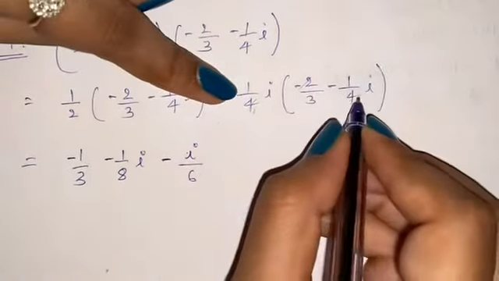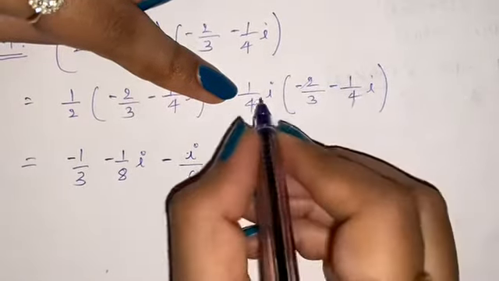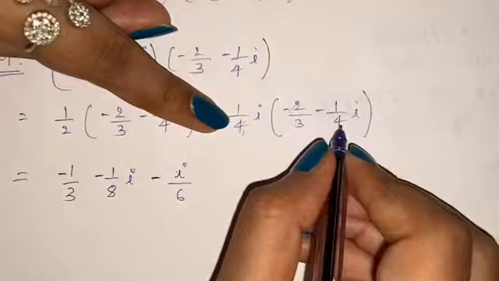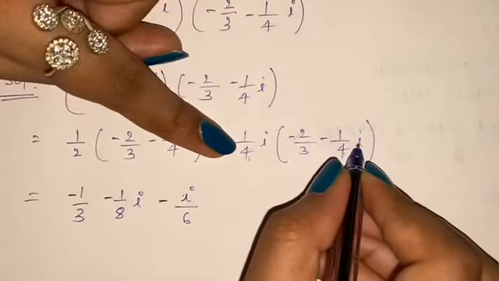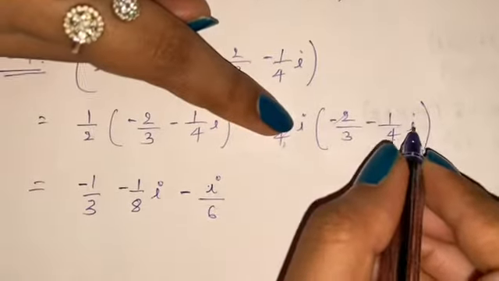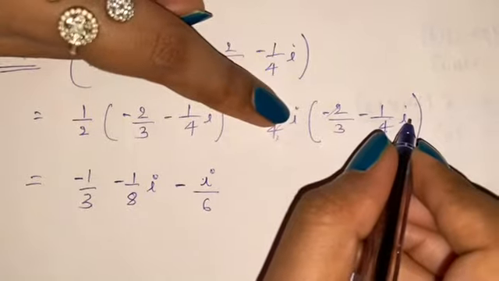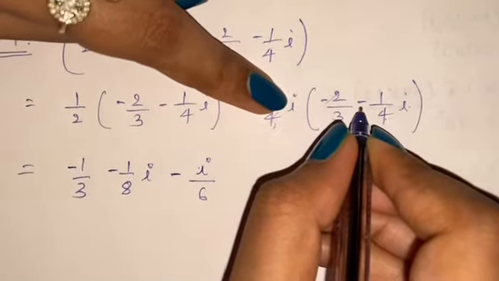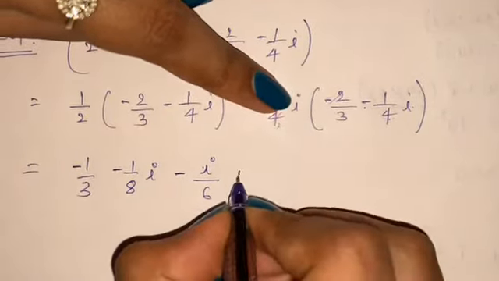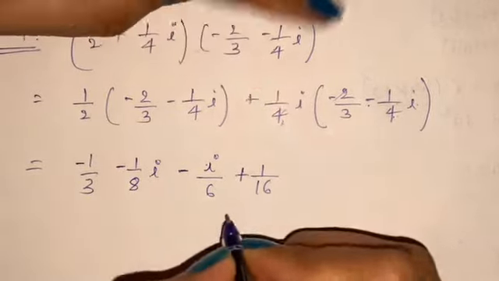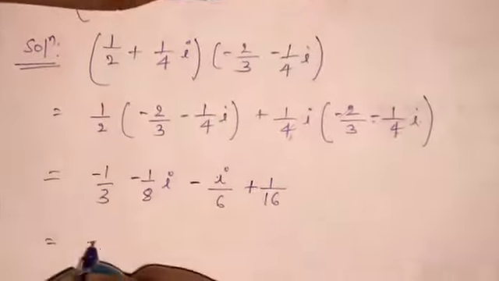Now 1 by 4 i with minus 1 by 4 i, so 1 by 16, i into i, that is i squared. i squared is minus 1, that minus and this minus will be plus, so 1 by 16.